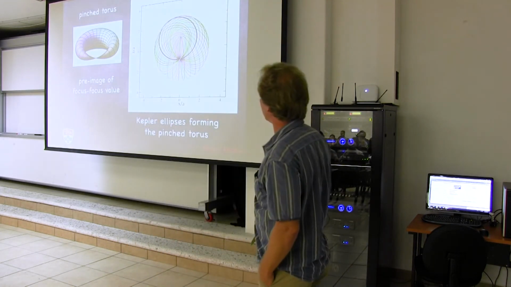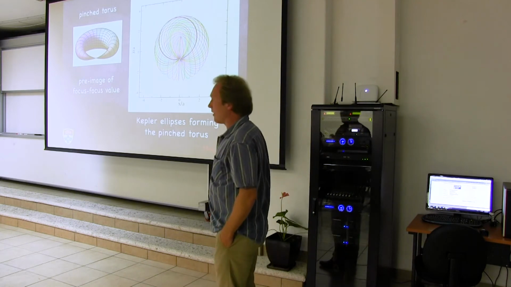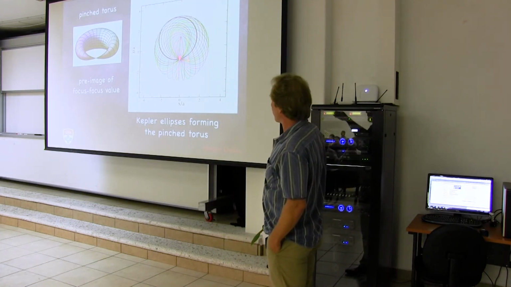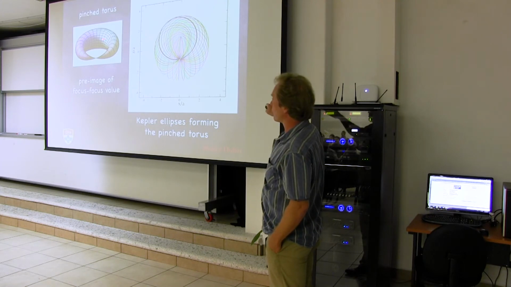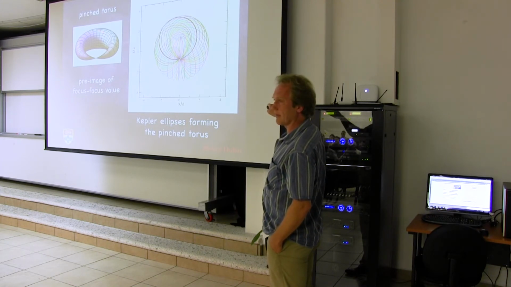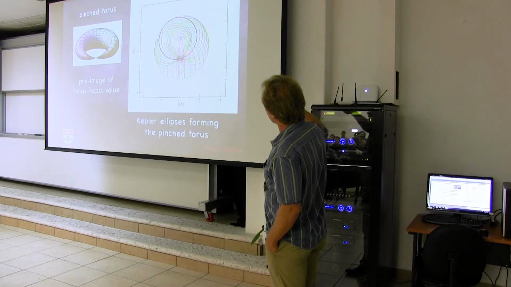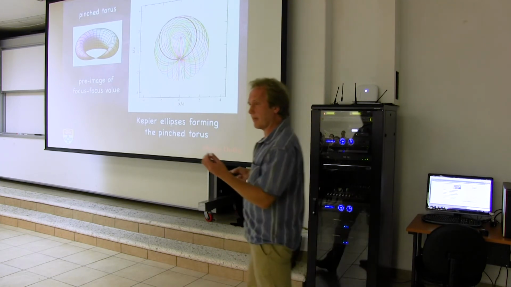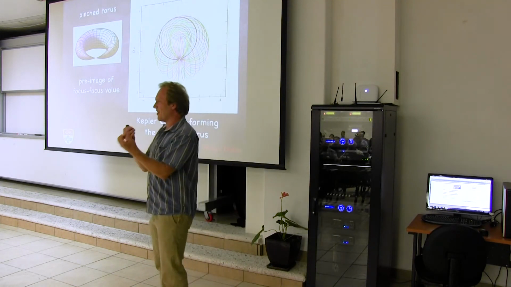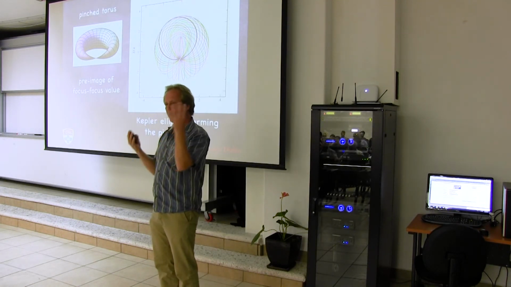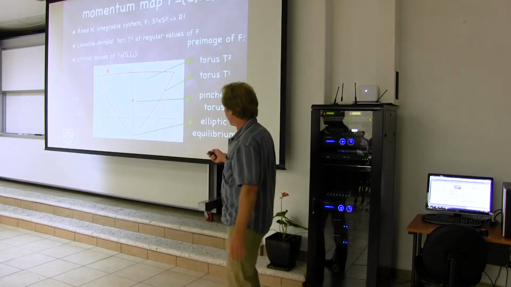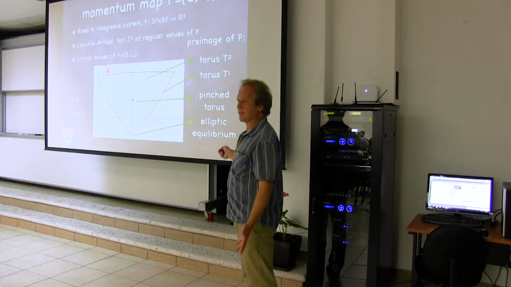So this is this pinch torus, and here you see lots of Kepler ellipses, and those are the Kepler ellipses that are selected in order to form that torus, right? And you can see that there is a circular orbit inside, there are collision orbits inside. So basically it's a strange selection of Kepler ellipses that if you glue them together, well, not only that one, but all of them, then you get this integrable system.